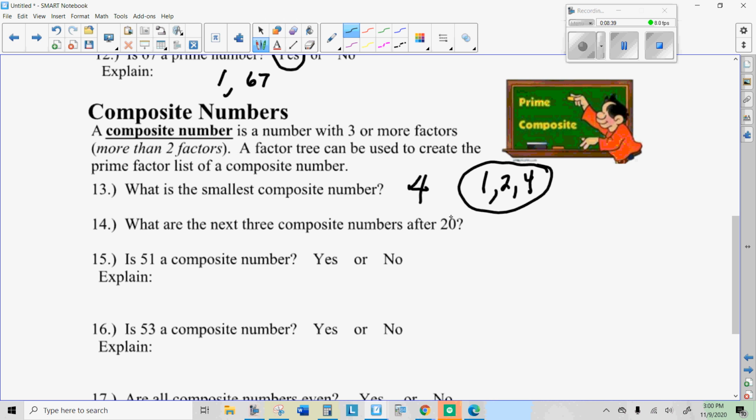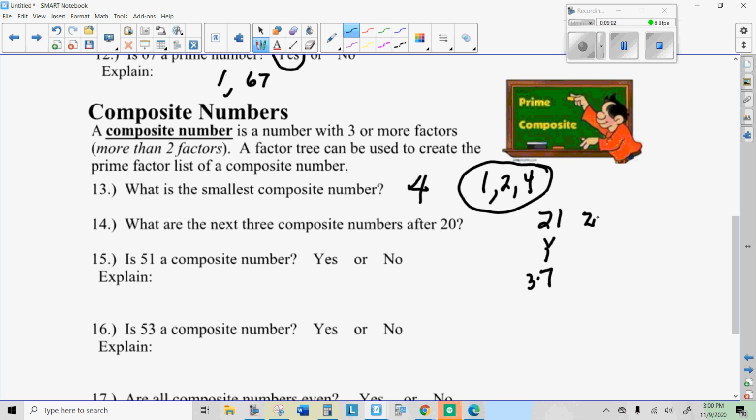Okay. What are the next 3 composite numbers after 20? Well, every even number after 2 is divisible by 2, so every even number after 2 is a composite number. So after 20, we have to think 21, is that composite? We're going to say yes, because 3 times 7 equals 21.